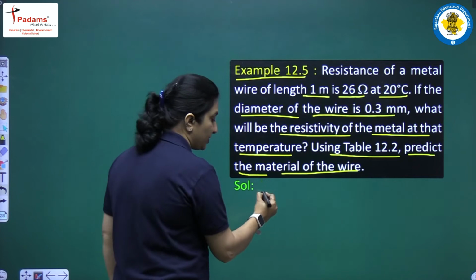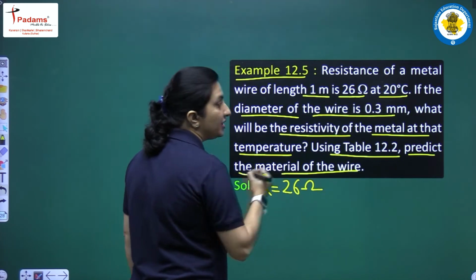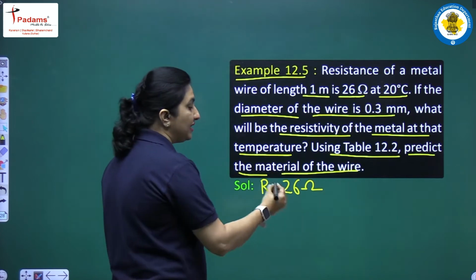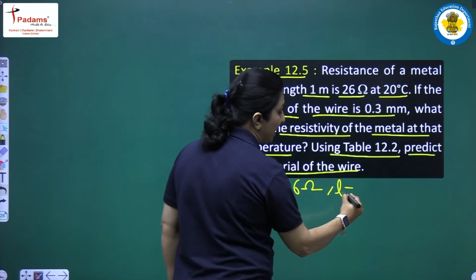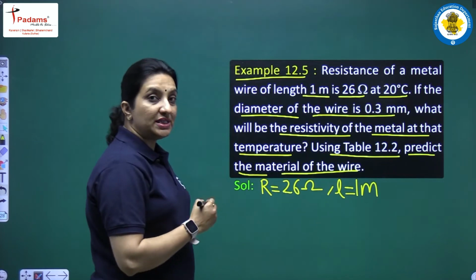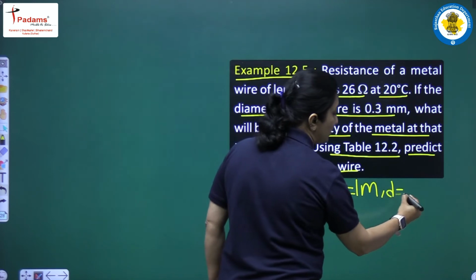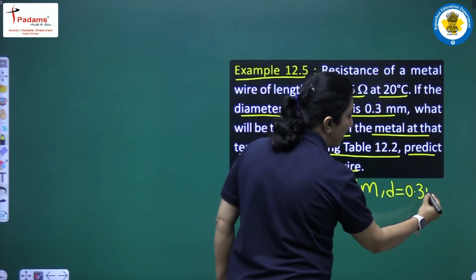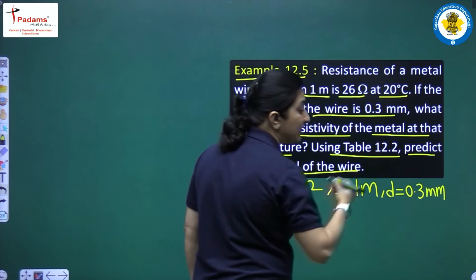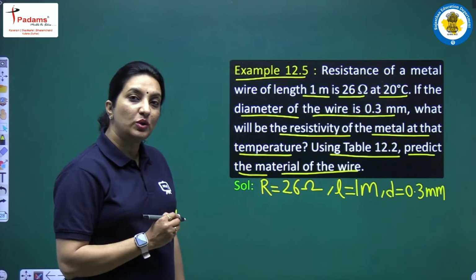The resistance of a metal wire is given to be 26 ohms. So R is given as 26 ohms. Then the length is given as 1 meter and the diameter of the wire is given as 0.3 mm. Mm means millimeters. Now millimeters has to be converted into meters.